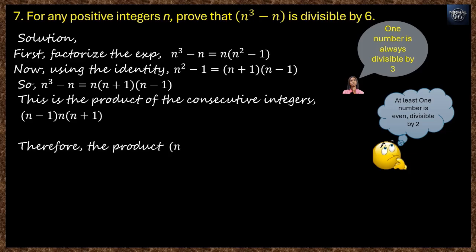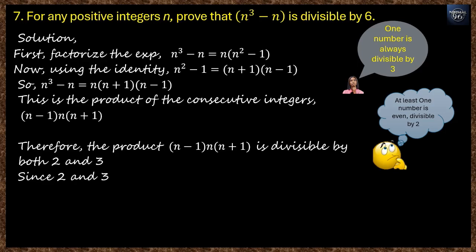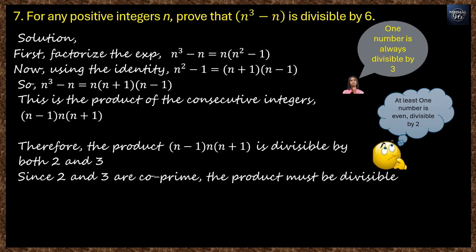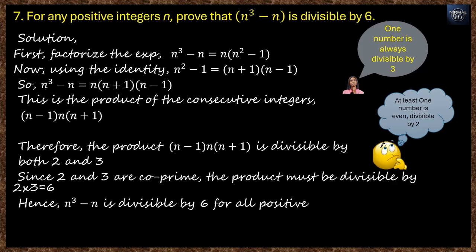Therefore, the product n minus 1, n and n plus 1 is divisible by both 2 and 3. And since 2 and 3 are co-prime, the product must be divisible by 6 because 2 times 3 is 6. Hence n cube minus n is divisible by 6 for all positive integers n.